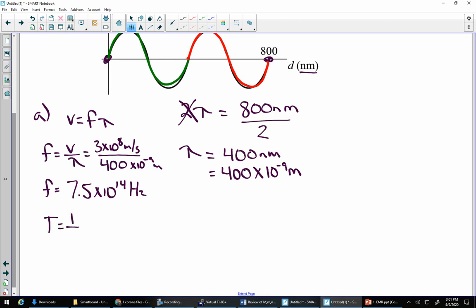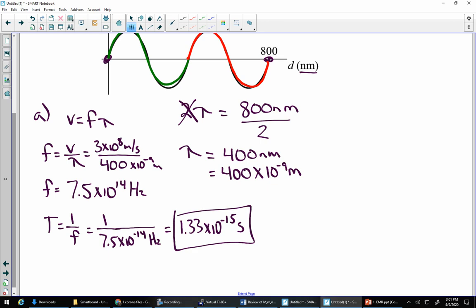Period is 1 divided by frequency, so 1 divided by 7.5 times 10 to the 14. It's not going to take a very long time for 1 cycle. I'm expecting an extremely small number here. In fact, 1.33 times 10 to the negative, I believe, 14? No, even smaller. 10 to the negative 15 seconds for 1 cycle of that wave. That is tiny.